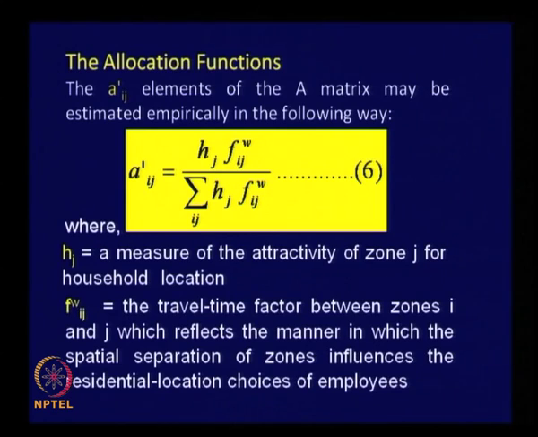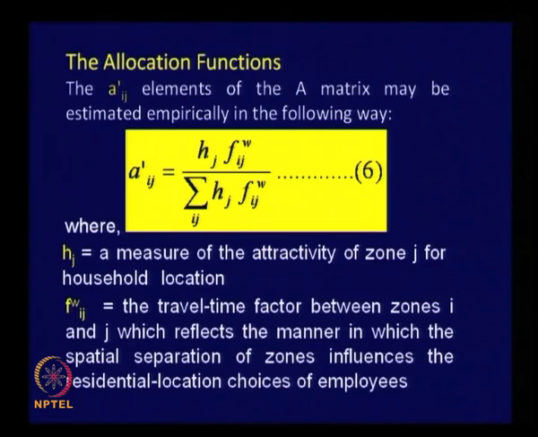F w I j is the travel time factor between zones I and j. Travel time factor we normally express as a function of the actual travel time, is not it? We do not take the travel time itself to represent the resistance to mobility, we just express it as a function and get some number.